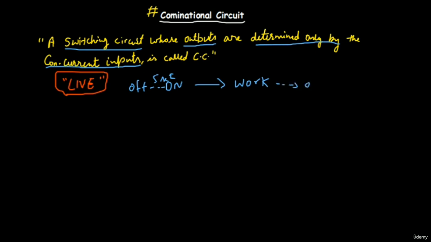So it is not working on its own or on the basis of any memory. No memory is influencing it. It keeps on updating in live mode, and that is called a combinational circuit. So it works in live mode.